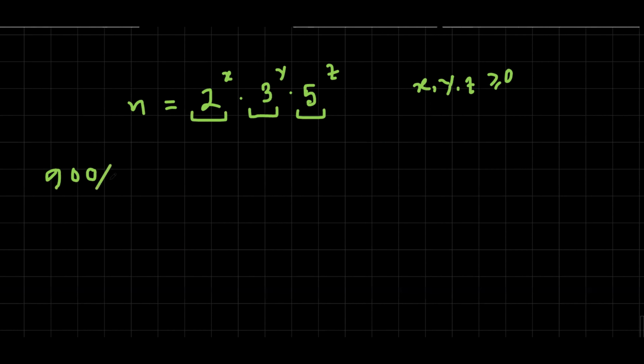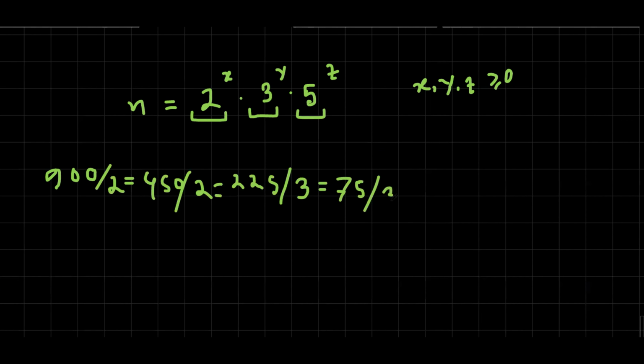Here, 900 divided by 2 will be 450. Now, 450 divided by 2 will be 225. Now, 225 cannot be divided by 2 again, so we have to divide it by 3. So here, 225 divided by 3 will be 75. Now, 75 divided by 3 will be 25.